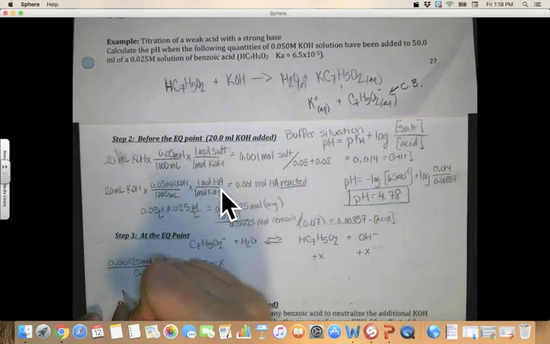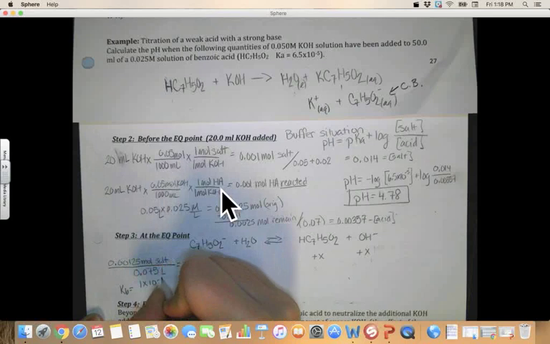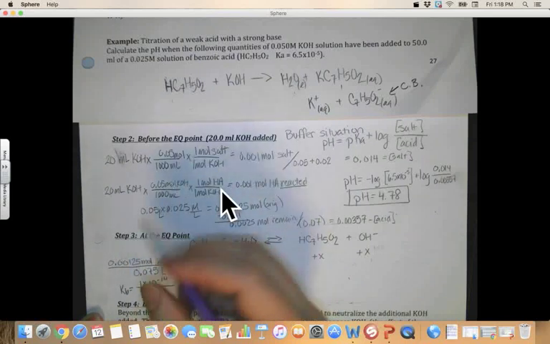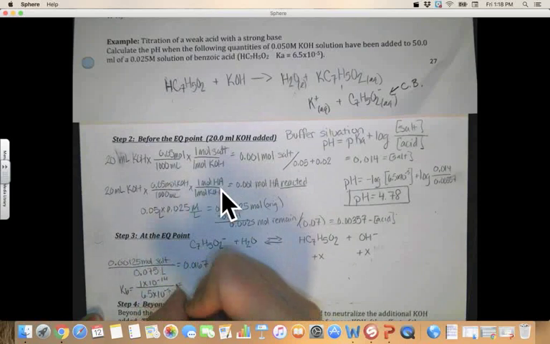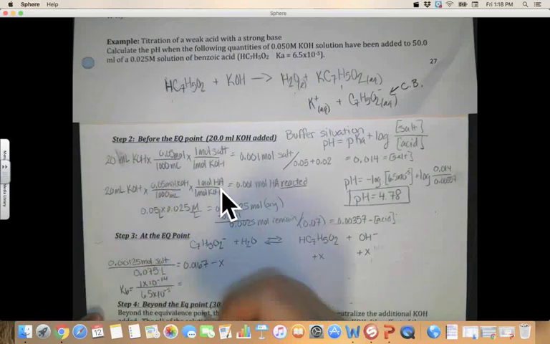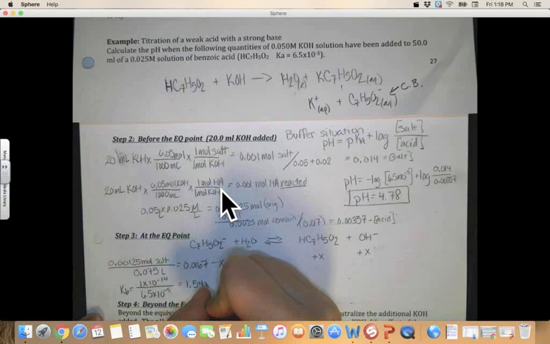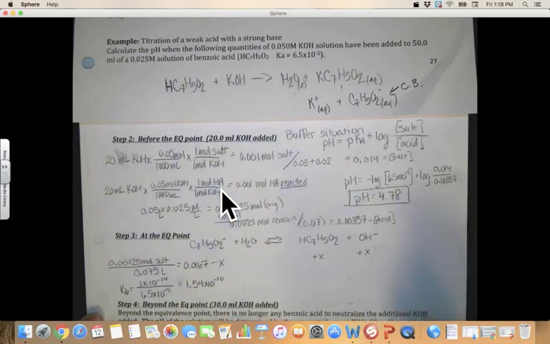Remember that Ka times Kb always equals Kw, so to get Kb, I'm going to divide Kw, 1 times 10 to the negative 14, by Ka, 6.5 times 10 to the negative 5, and I'm going to get 1.54 times 10 to the negative 10.